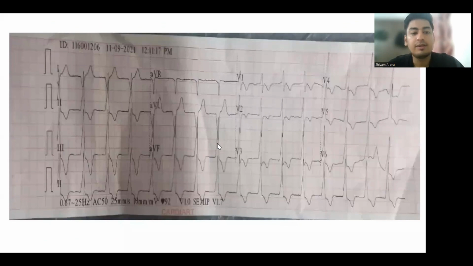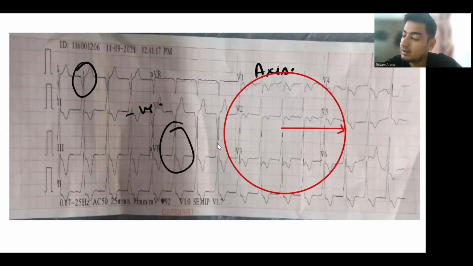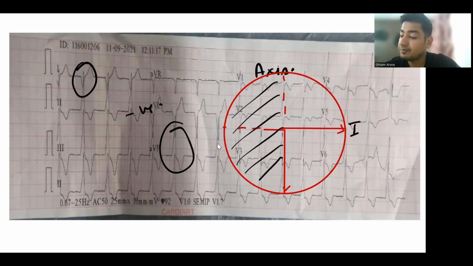Now let us look at this ECG. What is the axis in this ECG? Lead 1 is showing a negative QRS. Lead AVF is showing a positive QRS. Since lead 1 is showing a negative QRS, axis would be in this hemisphere.